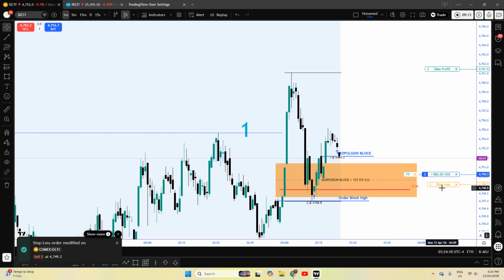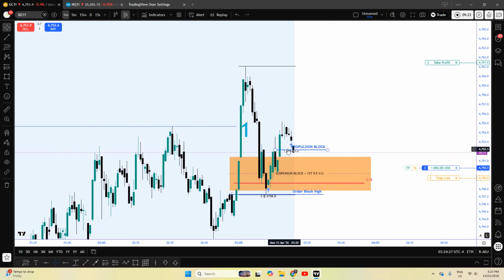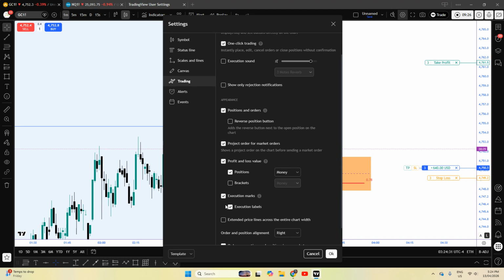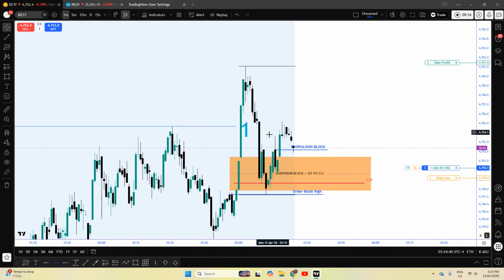Okay, so it changes up there and it changes down here. So I don't want to see any candle closures below that place. Let's remove these location marks. So I've added a position right there.